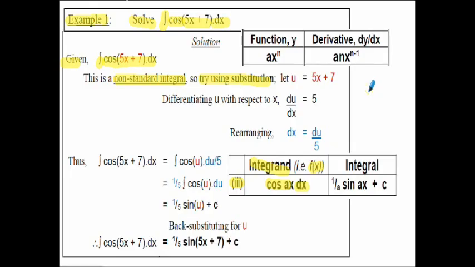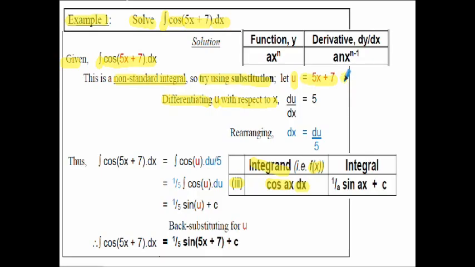So we're going to make a substitution, and the substitution we're going to try is u is equal to 5x plus 7. What we need to do now is to replace all the x terms in the original equation with u terms. So we have to replace the x with u and the dx with du. So what we need to do is differentiate u with respect to x.